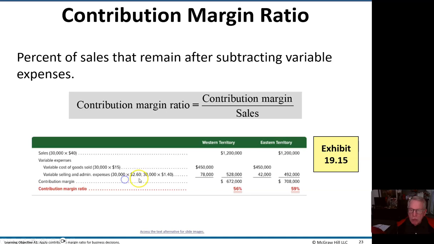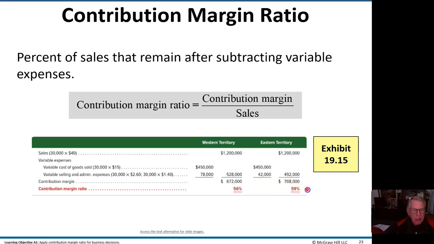We have 30,000 times $2.60 here, and we have 30,000 times $1.40 here. So the contribution margin is a little bit different for Western than for Eastern. The contribution margin ratio for Western is 56%, that, of course, is $672,000 divided by 1.2 million.